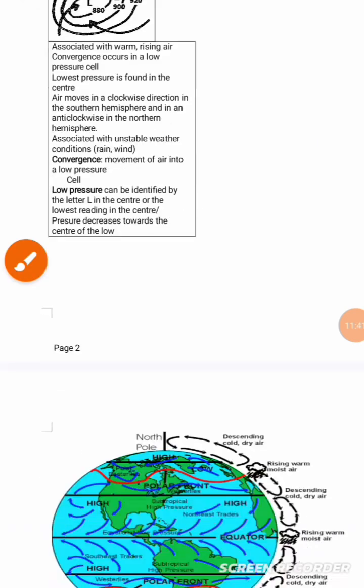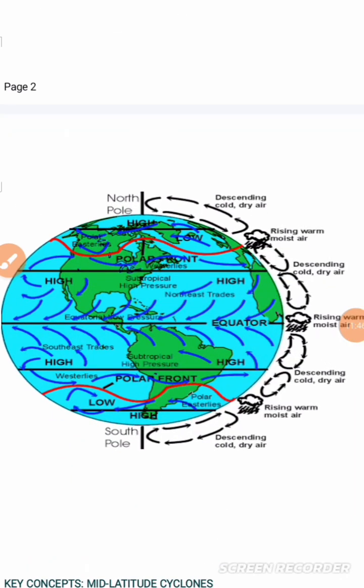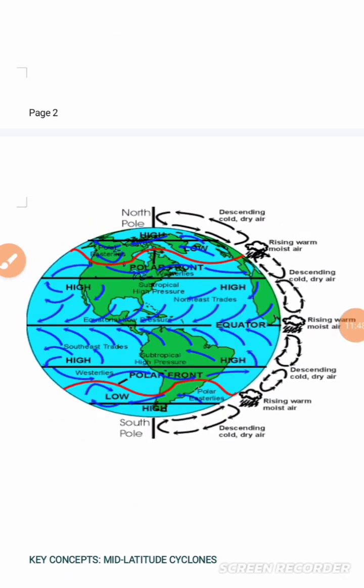Let's move again. From grade 11, you should know this air mass circulation. You must be familiar with the trade winds, westerlies, and polar easterlies.